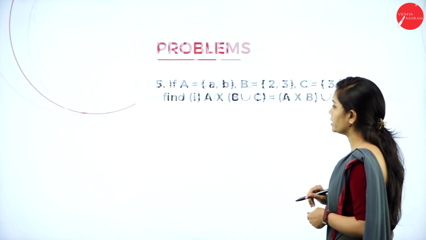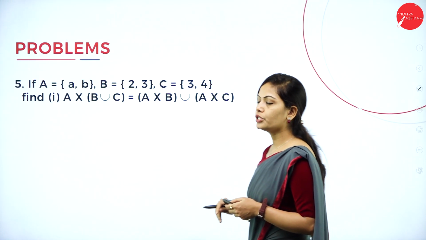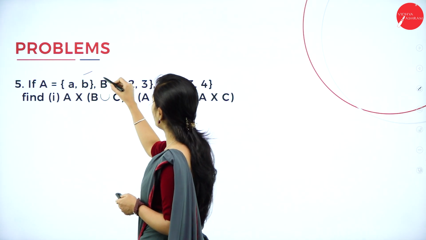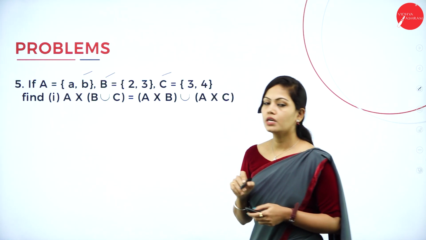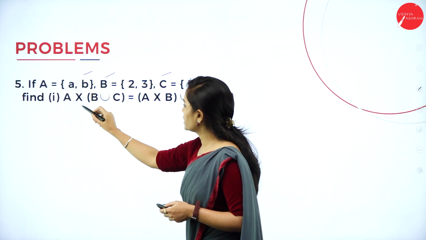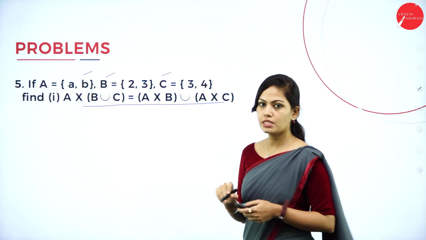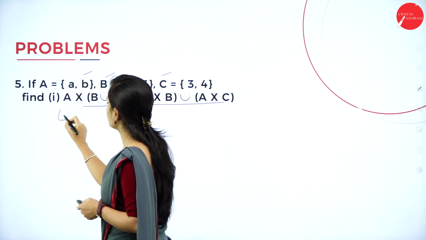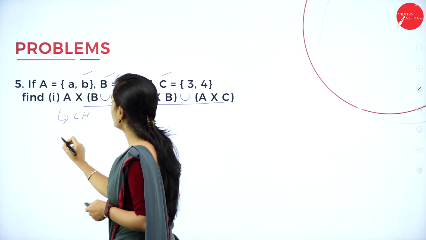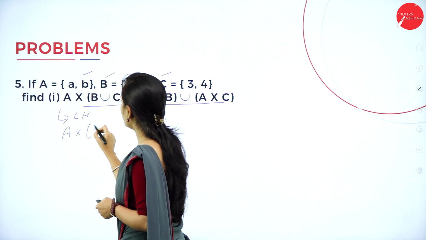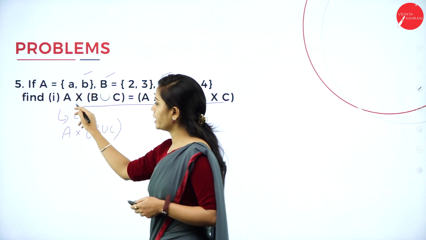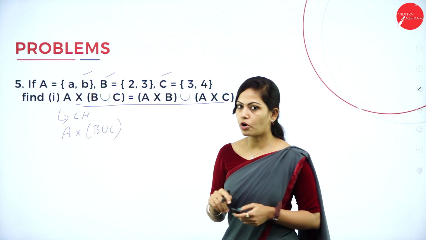And the next problem is, if A is equal to {a, b}, here I have three sets, and you have to prove that LHS is equal to RHS. First consider the LHS, A cross B union C. Already I have discussed this Cartesian product.